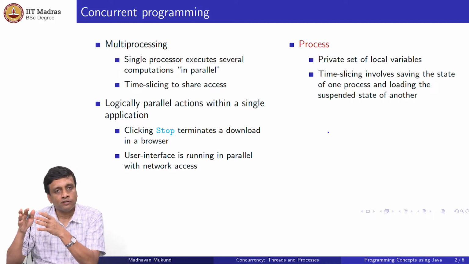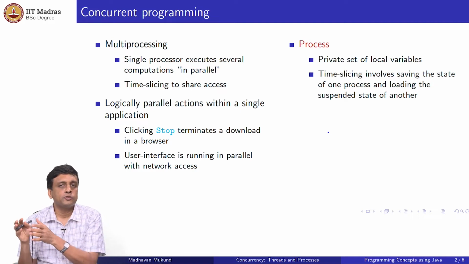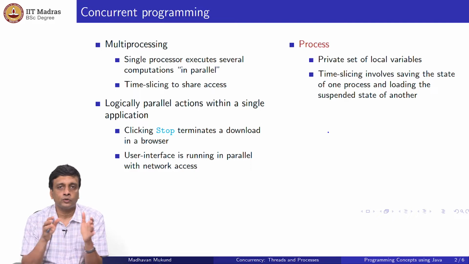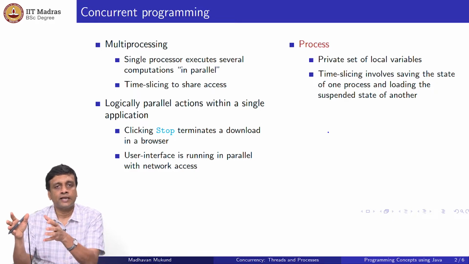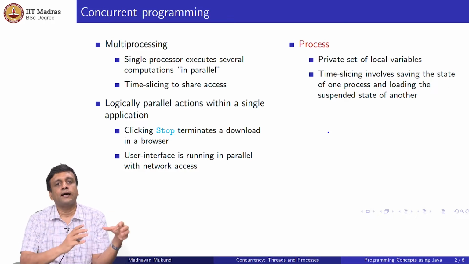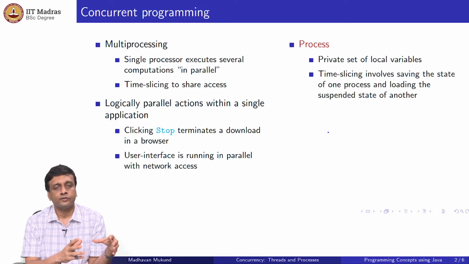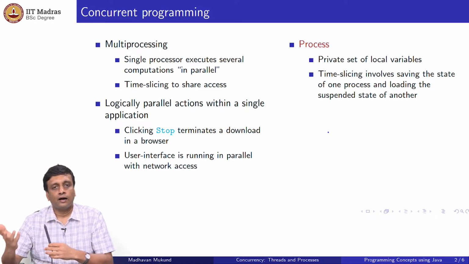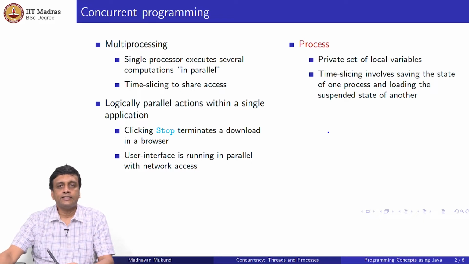When the underlying operating system switches from the browser to the text editor, it will have to save all the values of the variables that the browser is using and load the current state of the values that the text editor is using, and then when it switches back, it will have to do the same thing in reverse. So this requires saving and restoring the state of each process each time we switch.